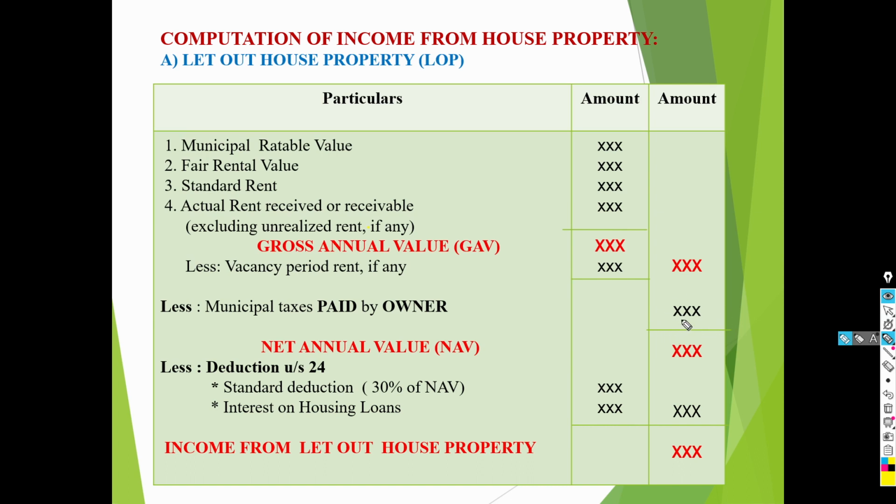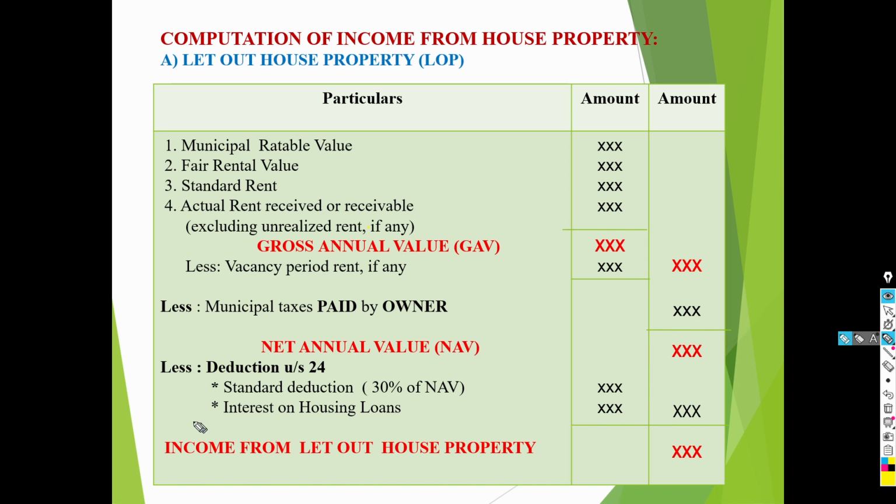This point is necessary to remember. That's why here the words paid and owner are in bold form, to remember this point. Then you will get the net annual value.